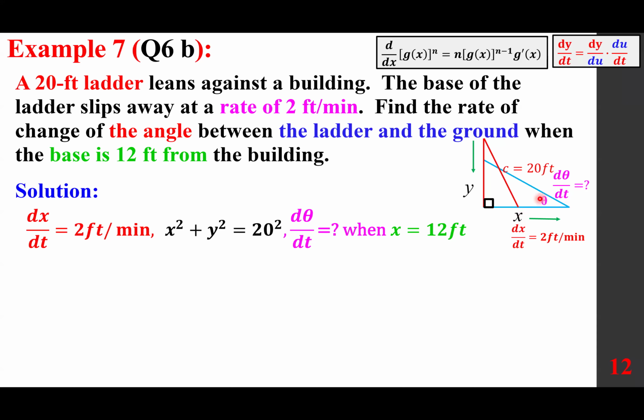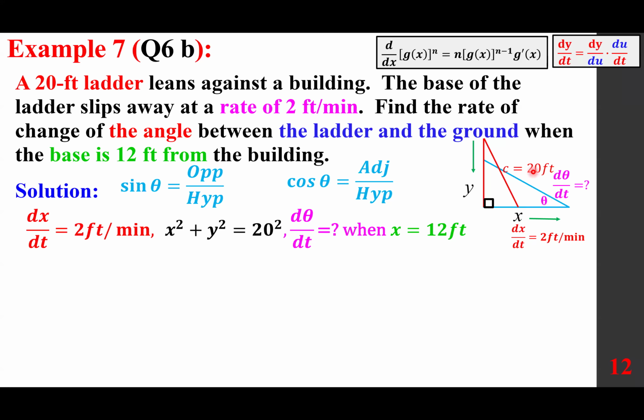So x and theta, that's how you want to do that. And as you know, sine of theta is the opposite over the hypotenuse, and cosine theta is the adjacent over the hypotenuse. Now, the sine theta is y over 20.